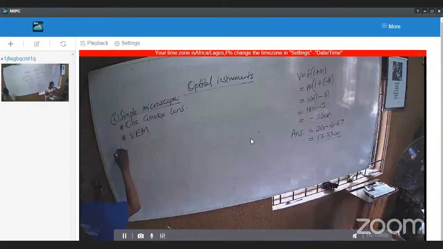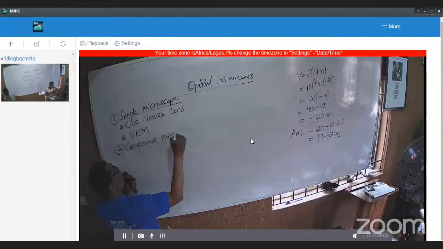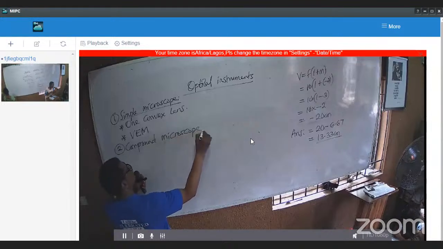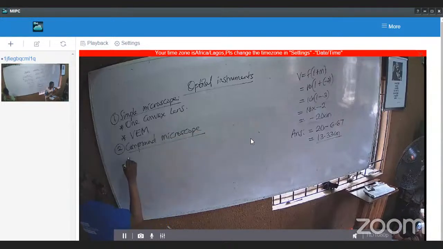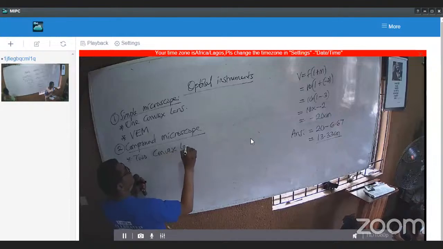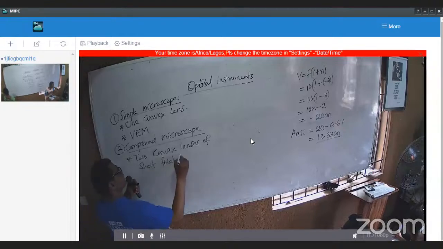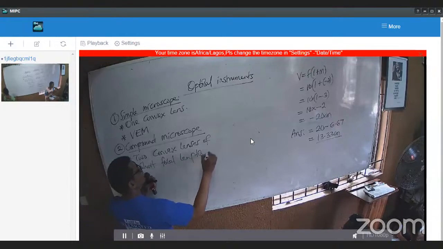That's all about that. Number 2, compound microscope. VEM means virtual, erect, magnified. Compound microscope: 2 convex lenses of short focal length.